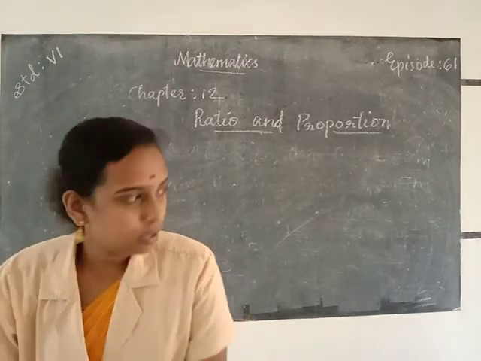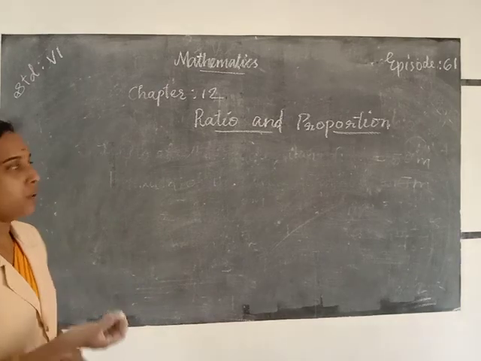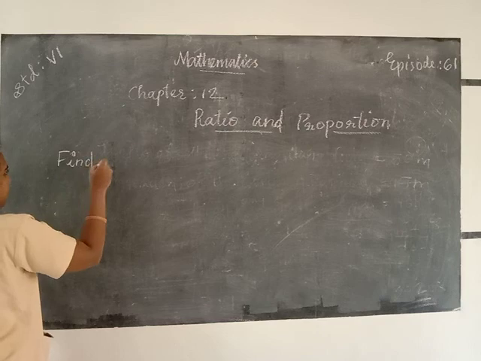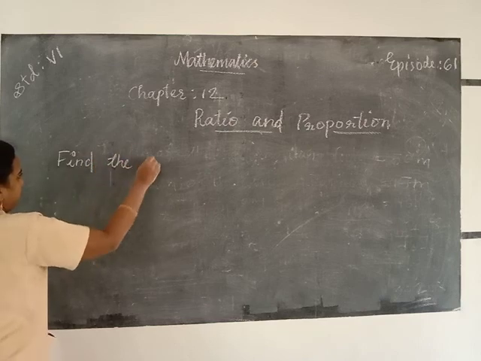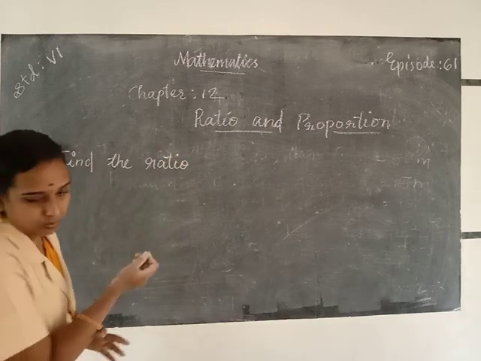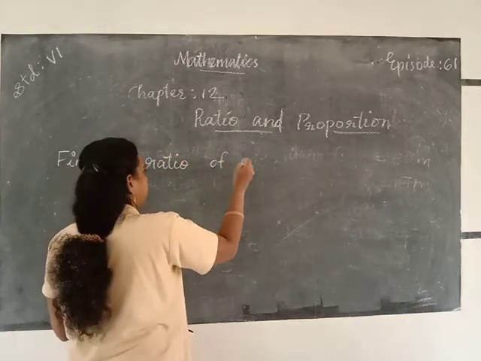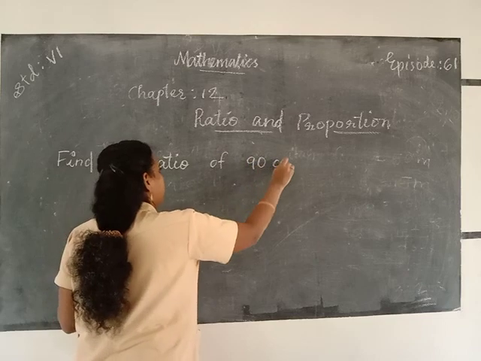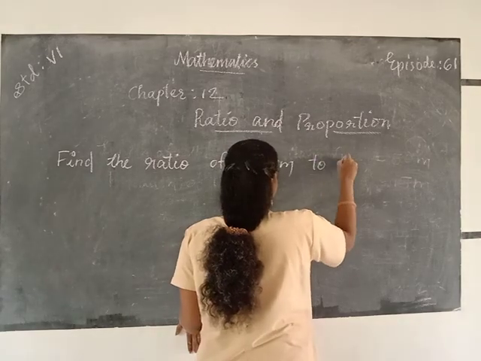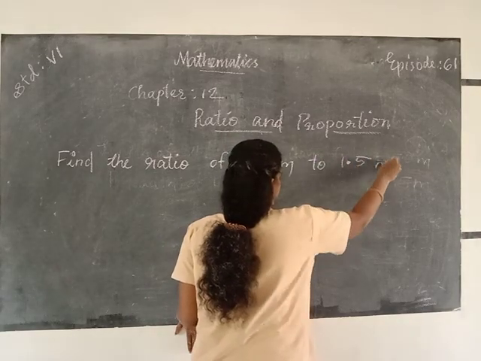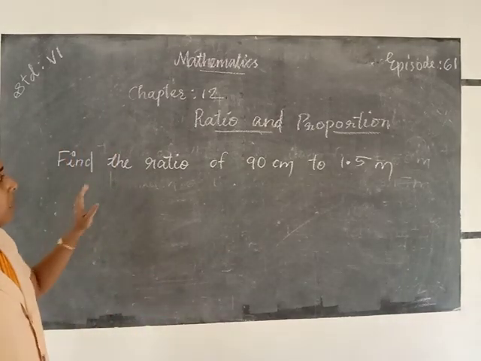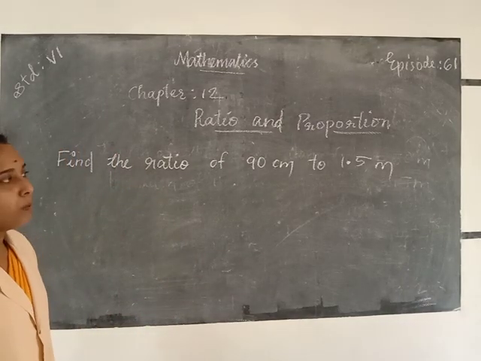So the next question, find the ratio of 90 centimeter to 1.5 meter.